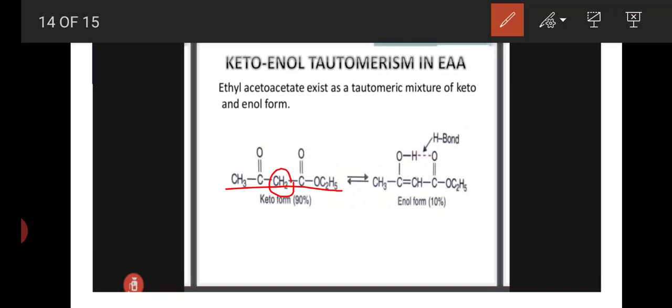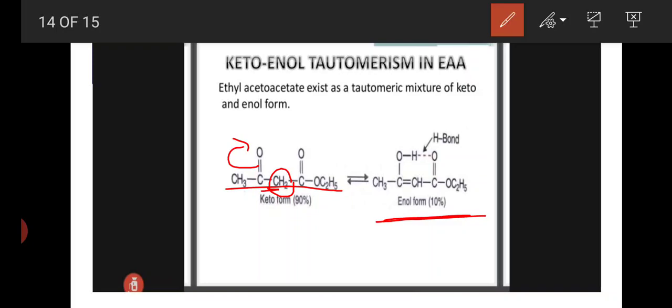One of the alpha hydrogens shifts to the left side or right side, whatever it may be. Here two chances are there. For example, this hydrogen shifts to the left side, the double bond is formed on the left side between these two carbons, and the pi bond shifts to oxygen, then oxygen binds with hydrogen and forms the enol. This is an enol form.